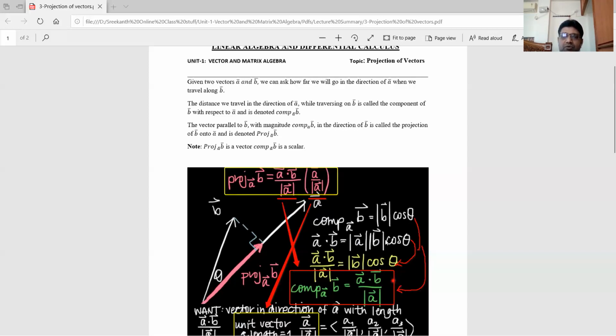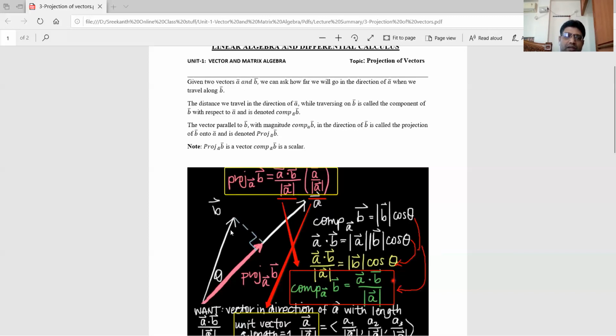Now I divide this whole thing by the magnitude of A bar. Then the magnitude of A bar on that side is cancelled. So what we get is A bar dot B bar by magnitude of A bar equals magnitude of B bar into cos theta.